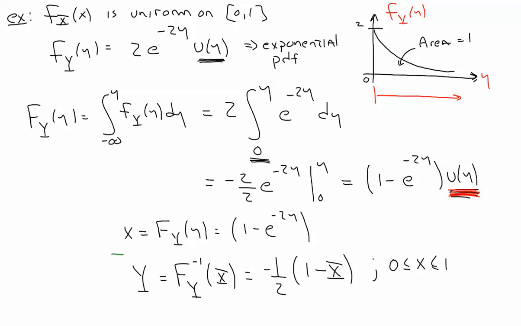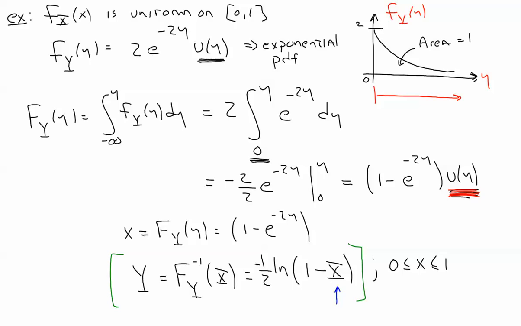This is my final result. Assuming that x is uniformly distributed on 0 to 1, if I calculate a bunch of x values using a random number generator, oops, I forgot my natural log. Negative 1/2 times natural log. That's the result that I'm looking for.